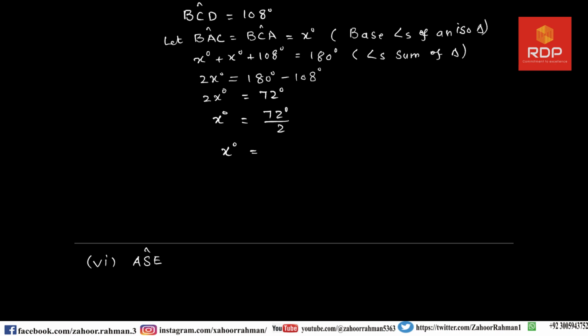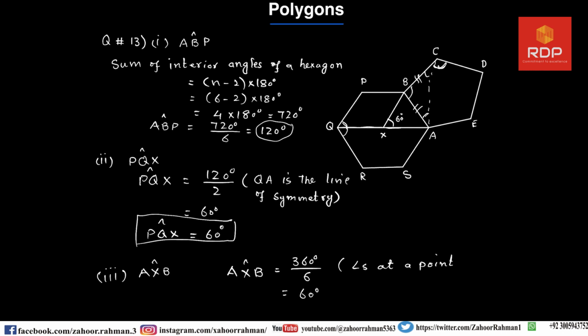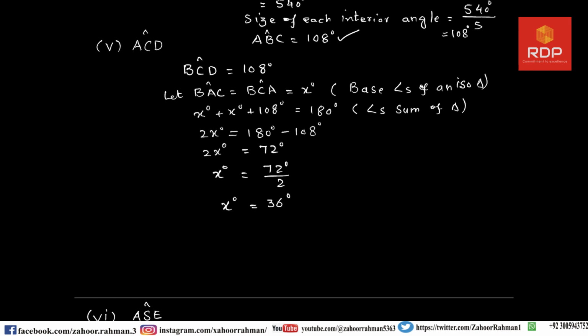So x is equal to 36 degrees. We found this x degree here, this one and this one as well, so we are going to find this. We already know that this is 108, and we found this angle to be 36. So we have to subtract this partial angle from the whole angle, and that will be the answer.